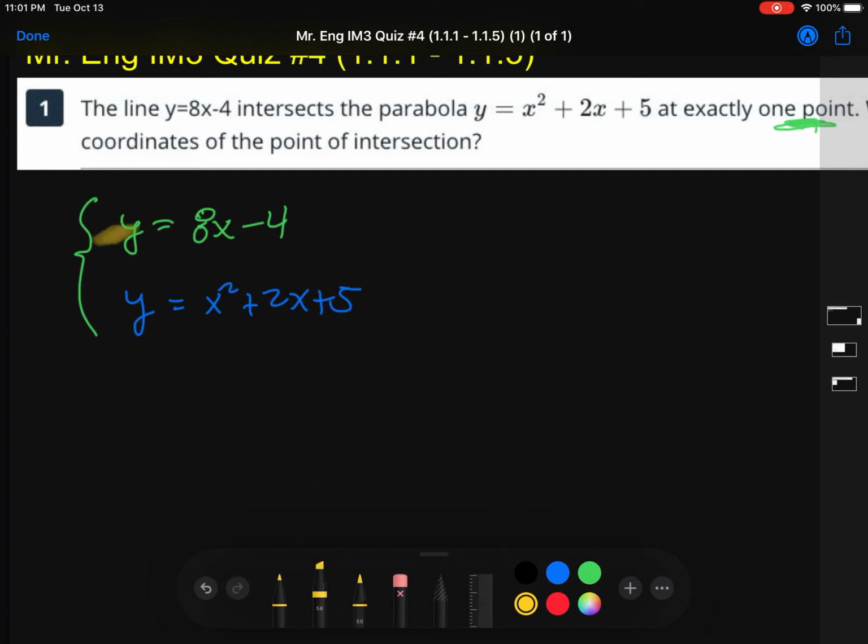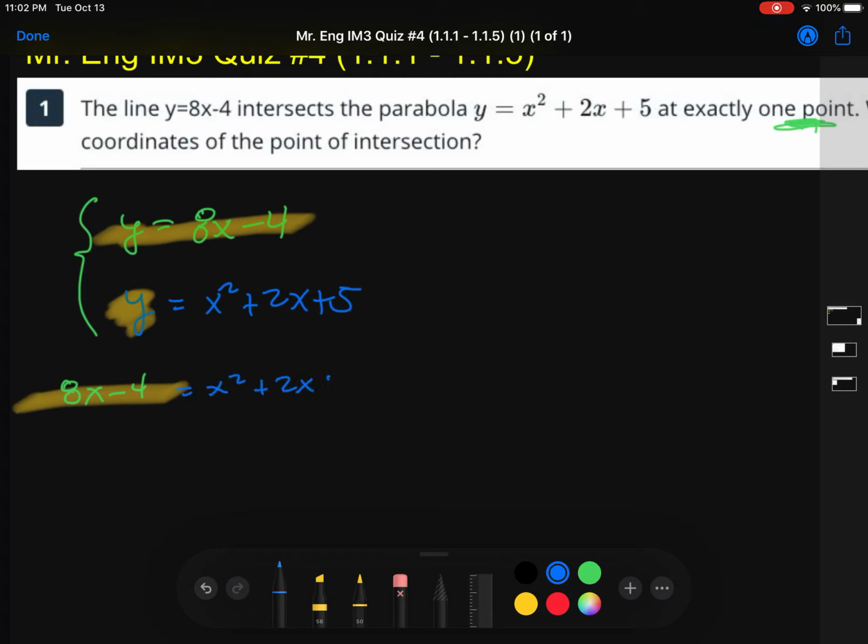Every time I see y, I'm going to write 8x minus 4. I see a y here, and instead of writing y, I'm going to write 8x minus 4. This is a way of solving a system, and we do that by the substitution method. So what did we do first? We did a substitution.